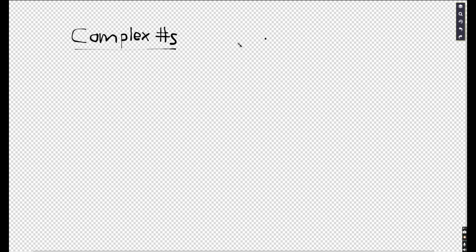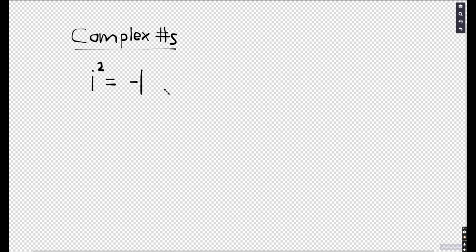Complex numbers all revolve around this thing right here, i. You're like, okay, what's so important about i? It's just a letter. Well, it's not. In this case, i represents a number. i squared is equal to -1.